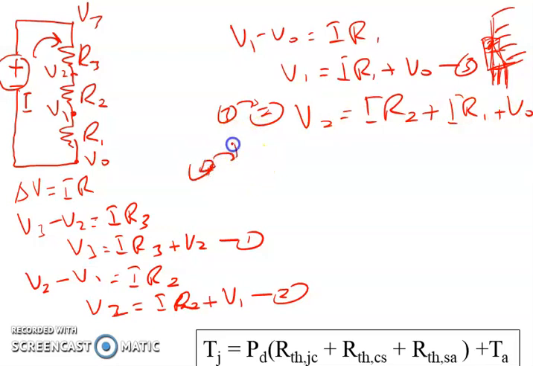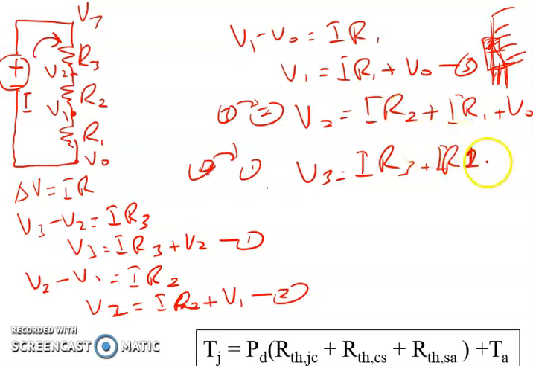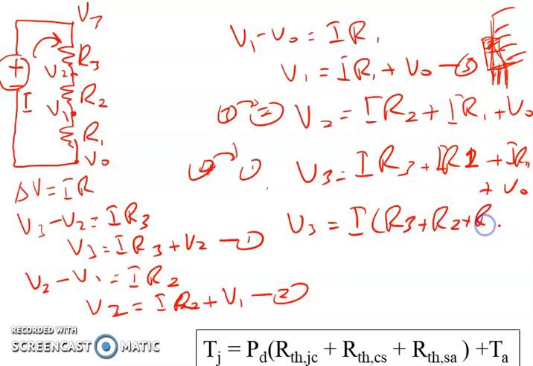So you put 4 into equation number 1, and it becomes V3 is equal to I R3 plus I R2 plus I R1 plus V0. So you rearrange, we get V3 is equal to I times (R3 plus R2 plus R1) plus V0.